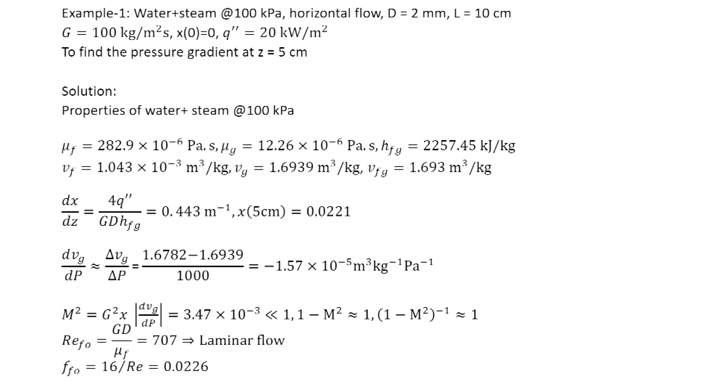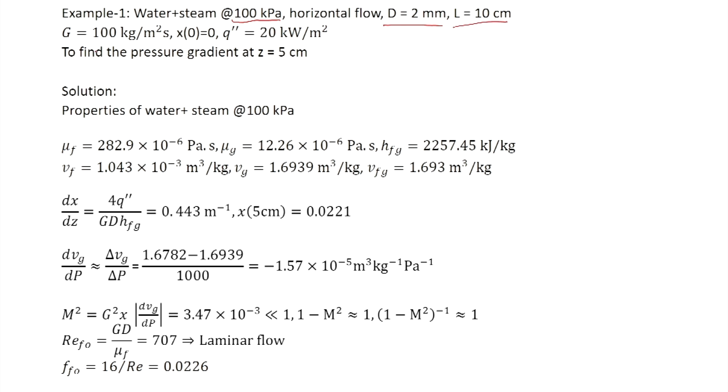Okay. So, let us consider some numerical examples now. In the first example, we have a water-steam mixture at 100 kilopascal pressure, which is 1 bar, in horizontal flow through a pipe of diameter 2 millimeter. It is a small pipe and the length is 10 centimeter.